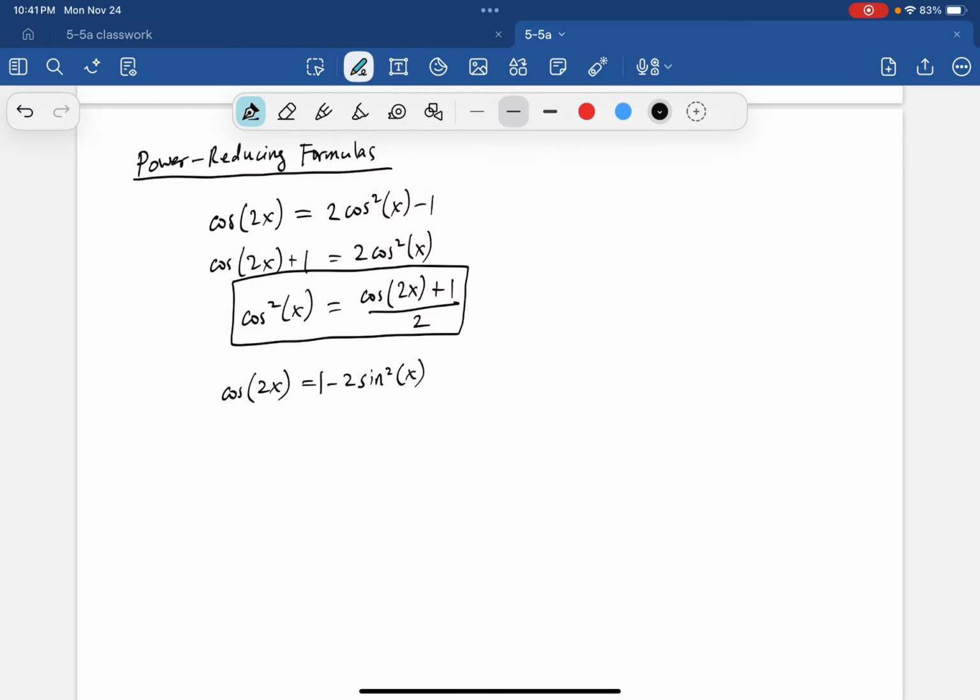If we rearrange terms, moving the 2 sine squared to the left side and the cosine to the right side, that gives us 2 sine squared equals 1 minus cosine 2x. Then if I divide both sides by 2, I'm left with my power reduction formula for sine squared, which is 1 minus cosine 2x over 2.